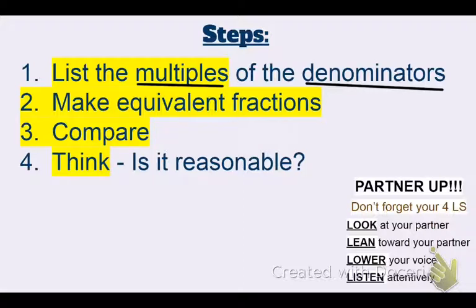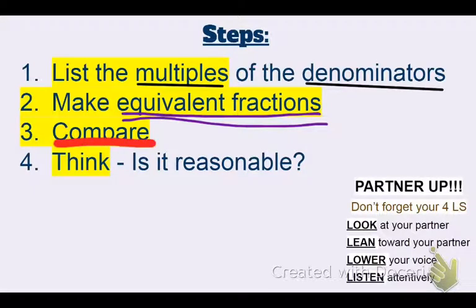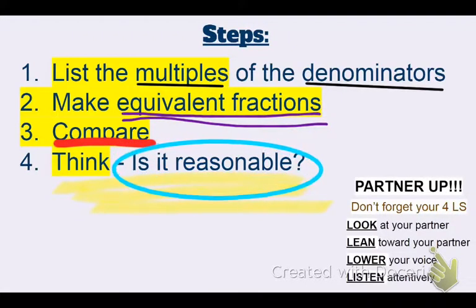Next, we're going to use that multiple that we found, the lowest one, to make an equivalent fraction. Once we have equivalent fractions, or fractions that are equal, then we can move into step 3 and actually compare which one's greater than, which one's less than, are they equal? And finally, we'll look at our answer and we'll think, is it reasonable? Does it make sense? Is this fraction really smaller or bigger in value?